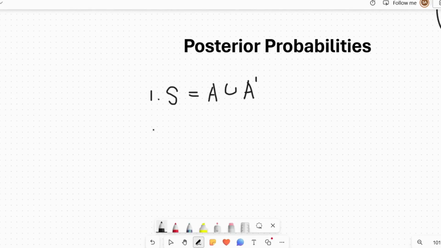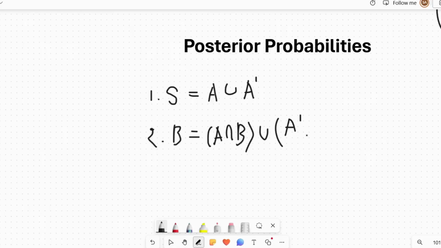Let's write number 2: B equals A intersection B union A complement intersection B.